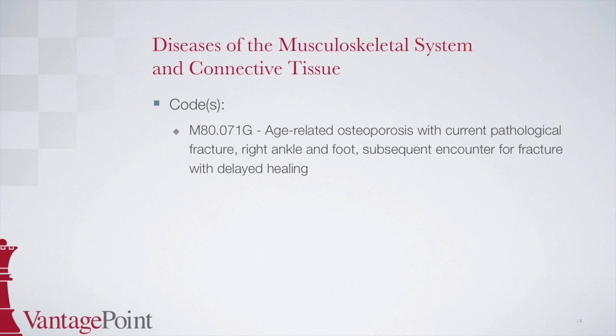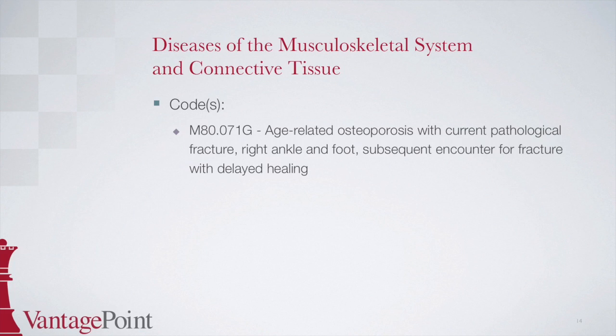When we go to the tabular, subcategory M80.00 is for age-related osteoporosis with current pathological fracture unspecified site. However, we know the site, which is the right ankle, so we therefore need to look below this code to see if there is a subcategory for ankle.